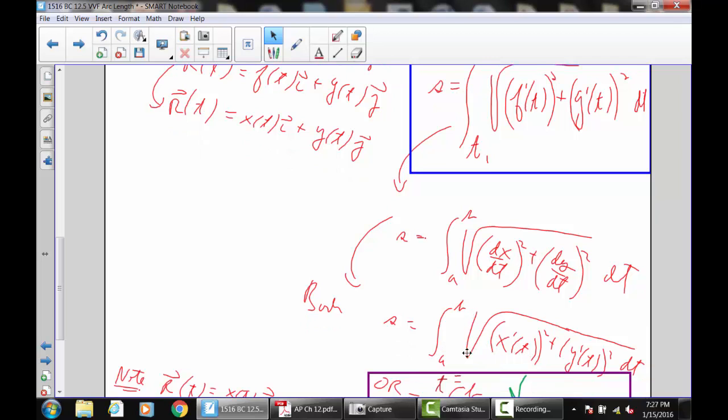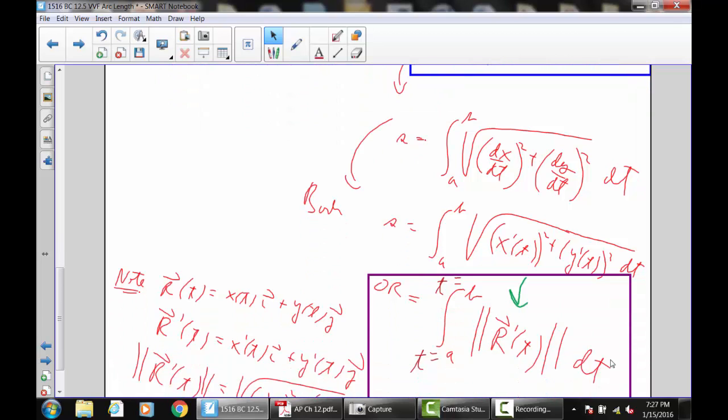But if you look at this expression, the square root of something squared plus something squared, hopefully that would make you think of magnitude. And it would be the magnitude of the vector r prime of t, because remember it's usually the square of the x component plus the square of the y component. And the x component here, you have the derivative of it.